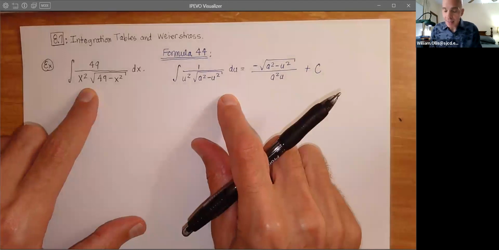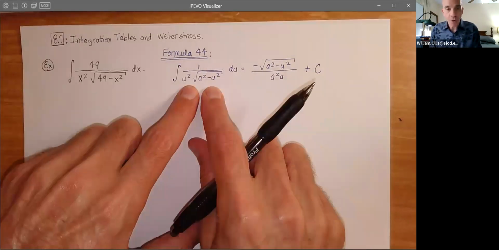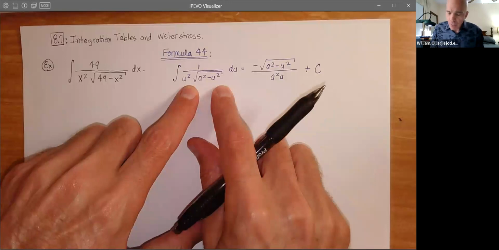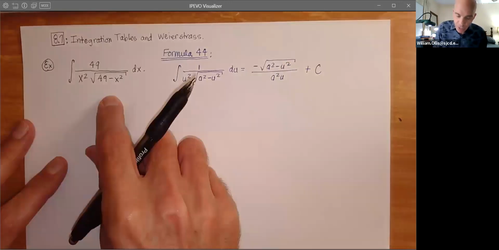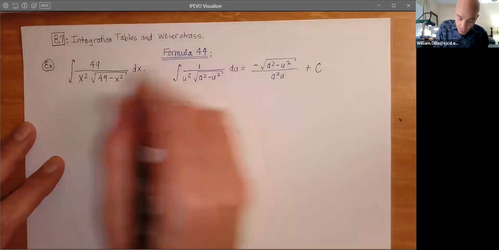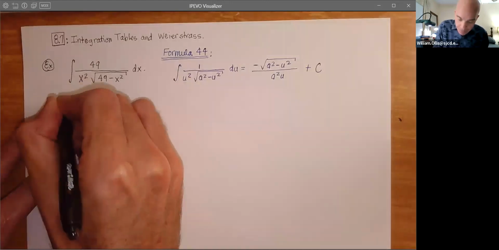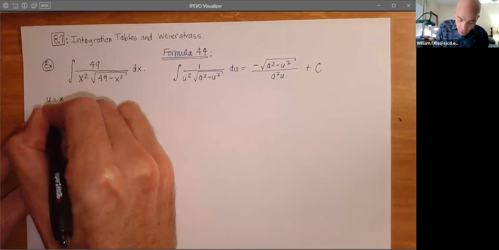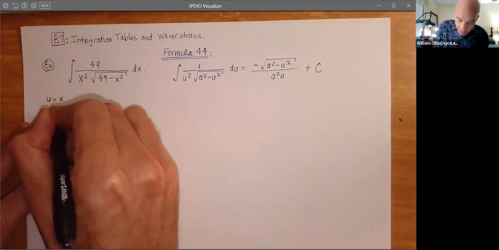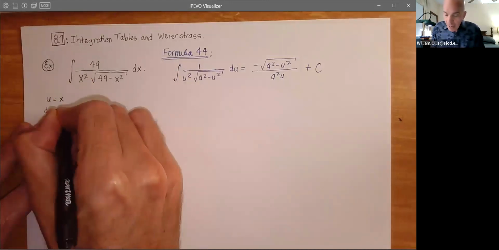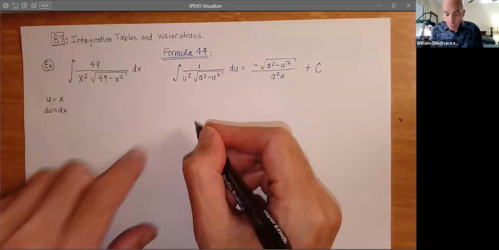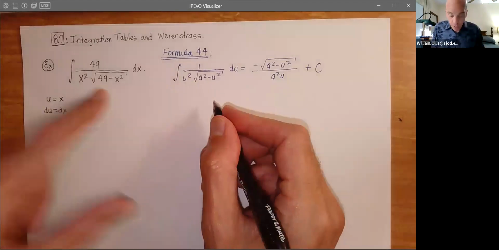The idea is we make everything table ready and we're good to go. Notice when we make the comparison, first we see that u is equal to x, so du equals dx. And then we have an a squared, which we clearly see is 49.